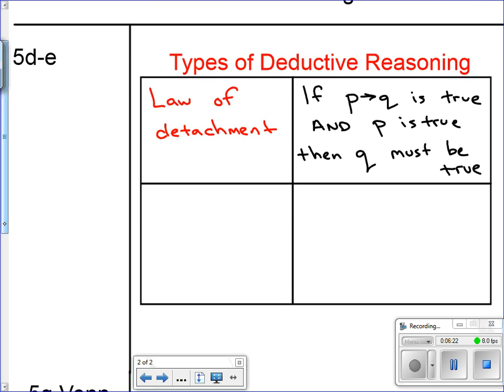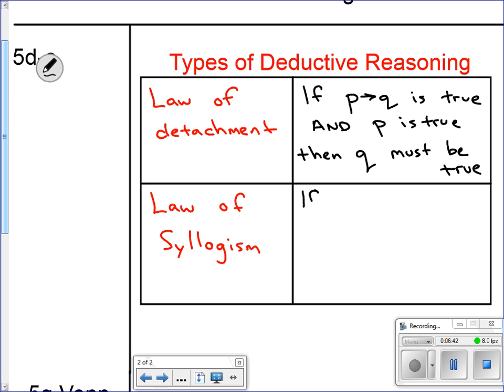The other law that's very commonly used with deductive reasoning is law of syllogism. In this case, it's more like the transitive property, if you remember back in algebra.